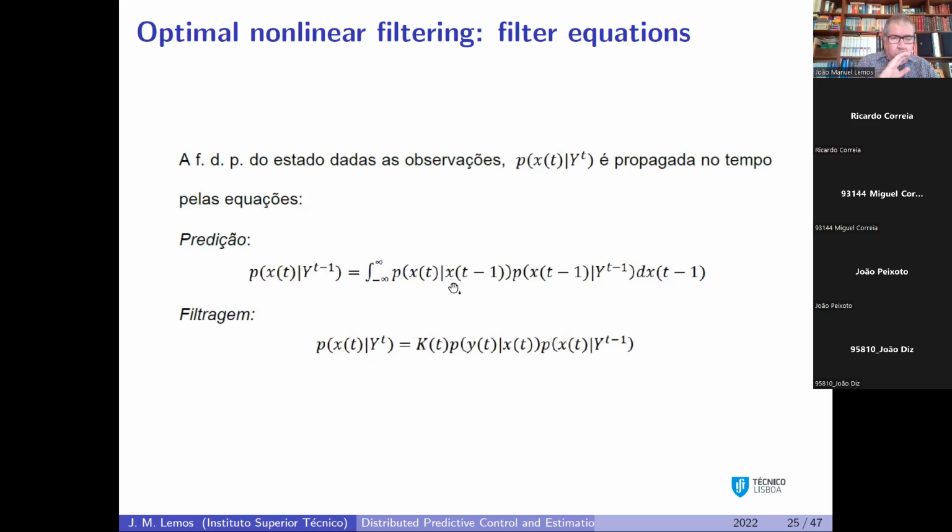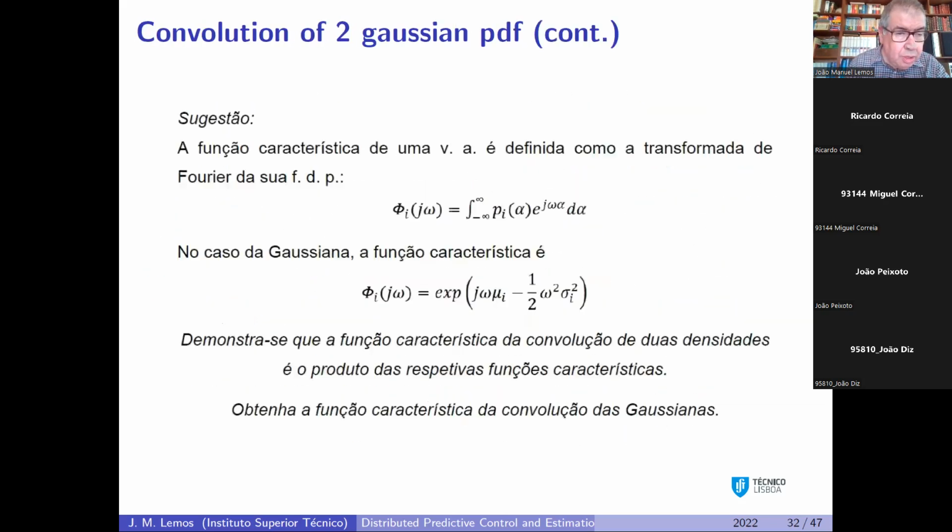And how can I compute the mean and covariance of this function as a function of the mean and covariance of these two that are being convolved? And the same for the product. How can I compute the mean and covariance of this density on the left, based on these two terms that I'm multiplying, which are Gaussians with mean and covariance matrices? How can I use them to compute the mean and covariance of this one? Okay. So for that, we need to know this.